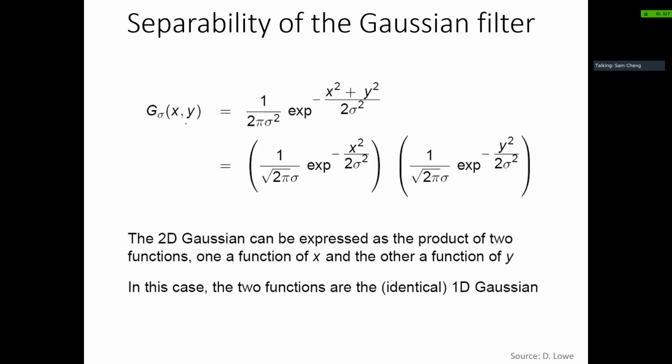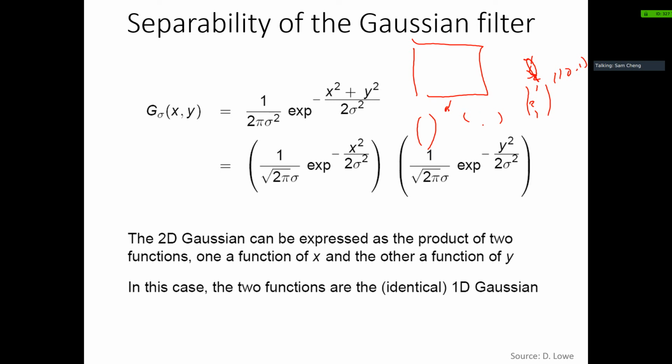Another nice property of the Gaussian filter is that it's separable. You can split the function g(x,y) into just x and just y. It's similar to the other example we just gave, 1 2 1 and 1 0 minus 1. Your patch can be decomposed into a row multiplied by a column.